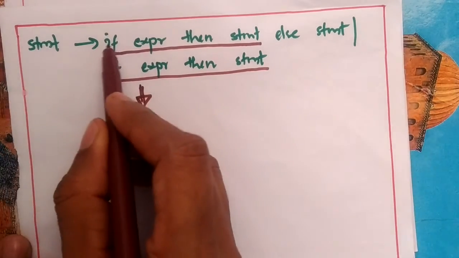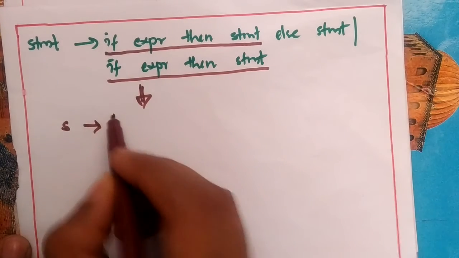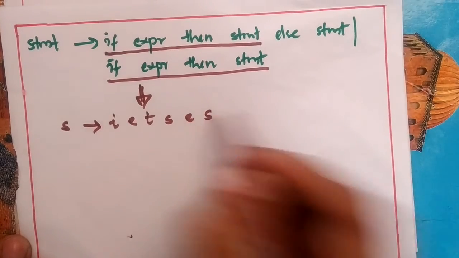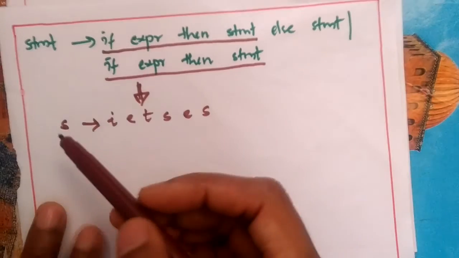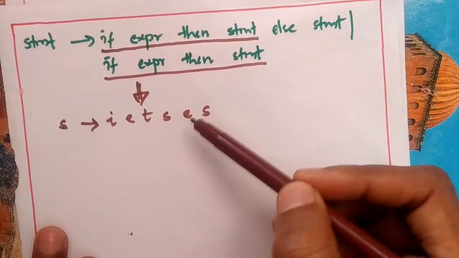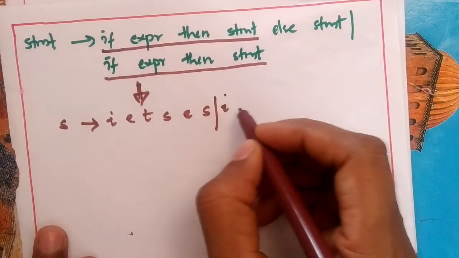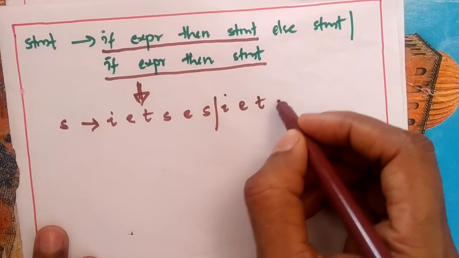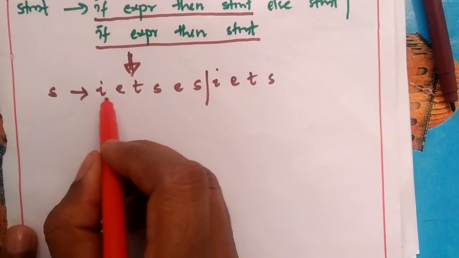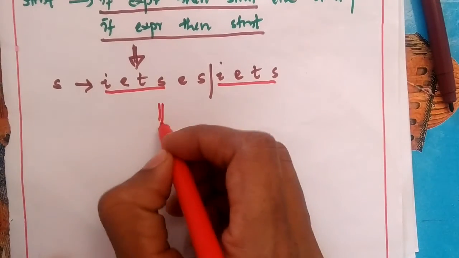For example, I will take only the first small letter, like S gives i E t S e S, where S indicates statement, i indicates if, E is expression, t is then, S is statement, e is else and S is statement, just for understanding purposes. Or this is equal to i E t S. So you can see that up to this it is common. So this grammar we can left factor.